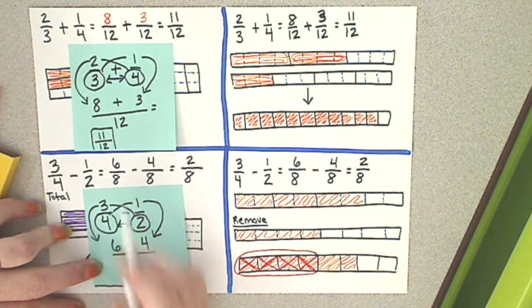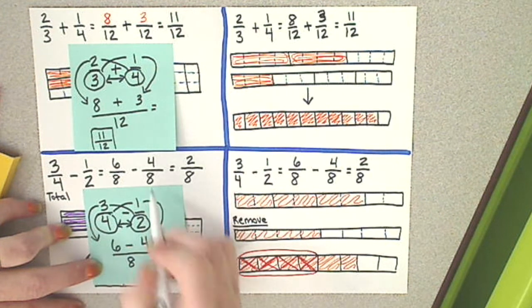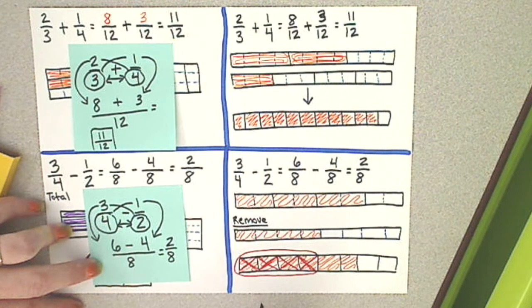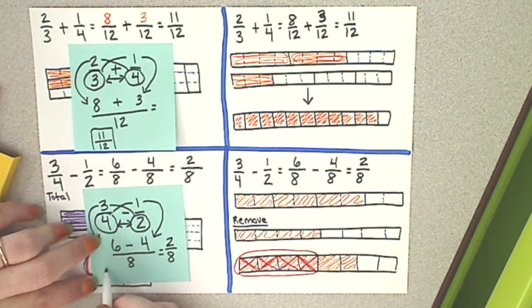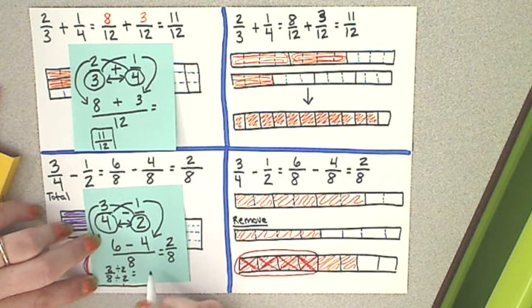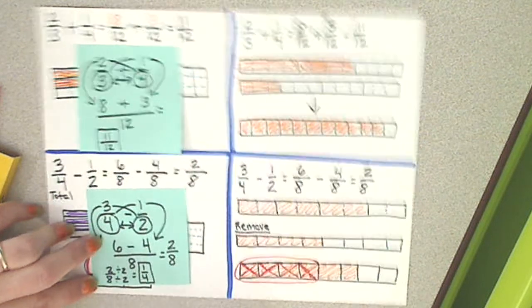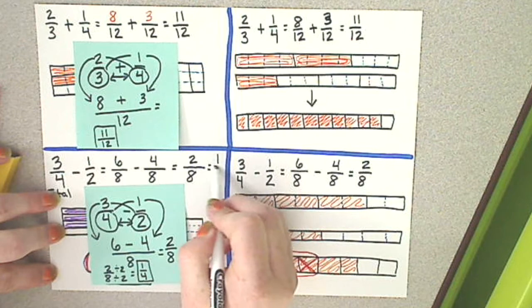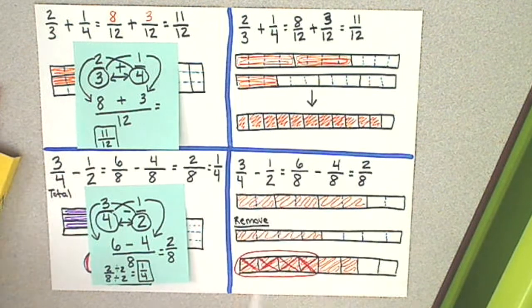And look at this, 6/8, 4/8. 6 minus 4 is 2. The denominator stays the same. We can technically reduce this. We could divide the top and bottom by 2 for the reduced equivalent fraction of 1/4. Okay, so 2/8 is the same as 1/4.